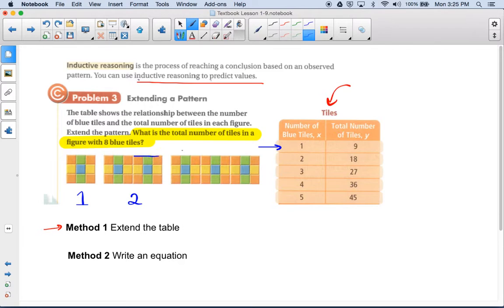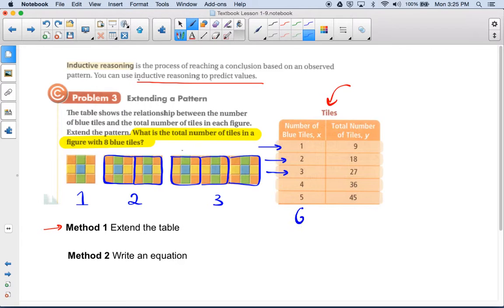And every time, I have 2 blue tiles now, every time it seems to be adding 9 more total tiles, like another one of these blocks, okay, of 9. So here's 3 blue tiles, and now it's adding from the 2 that we had before another 9 tiles. So I see that 1 has 9, 2 blue tiles gives me 18, 3 blue tiles gives me 27. It looks like every time it's adding on 9.